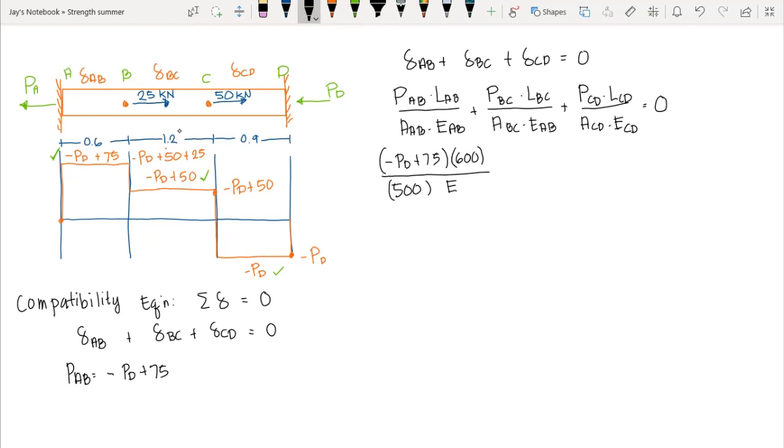Okay, so we have the same material all throughout. So upon further simplifying this equation, we could actually cancel out E here, since our E is equal. So later we'll do that.